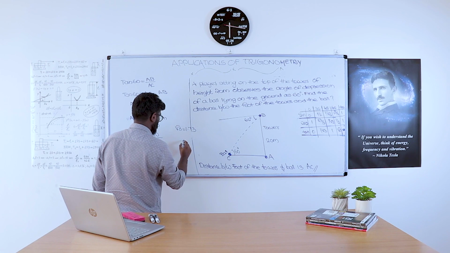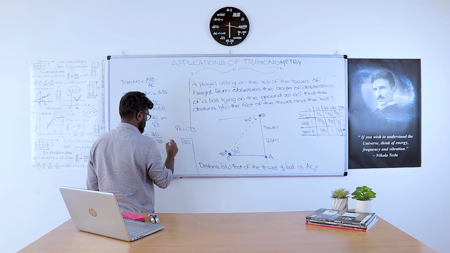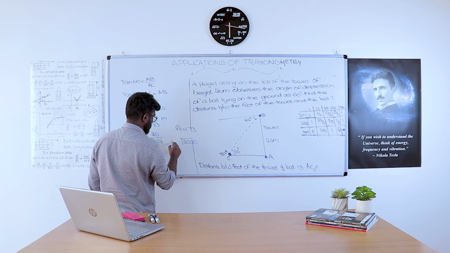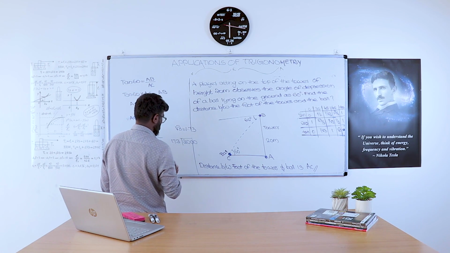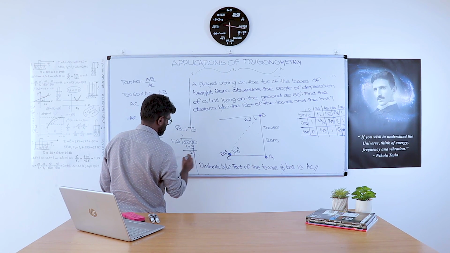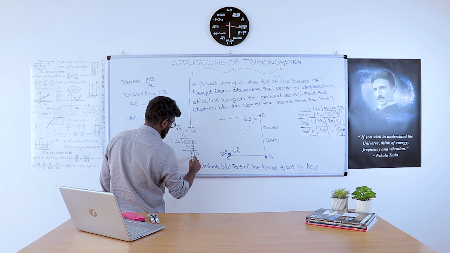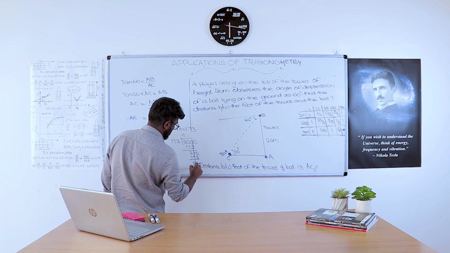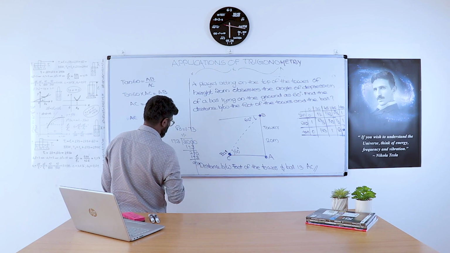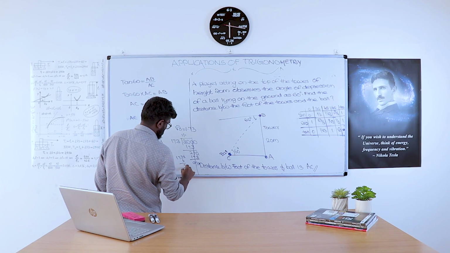Divide it. 20 divided by 1.73. That is into 100, 173. 173 ones are 173. Remainder 27. 271. Then 173, 97. 173 into 5.